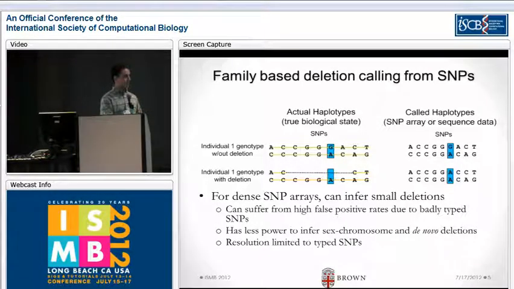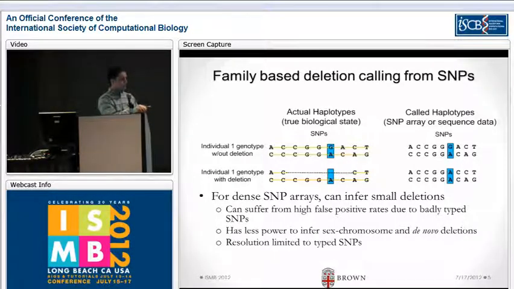The third set of methods is family-based deletion calling from SNPs, which is technology neutral. All of these methods rely on the fact that if an individual is hemizygous, so has a deleted haplotype, and what I mean by that is just a set of SNPs, a piece of one chromosome, a deletion haplotype and a normal haplotype, then that individual will be called homozygous for the interval of the deletion.